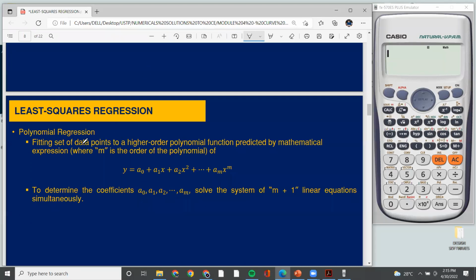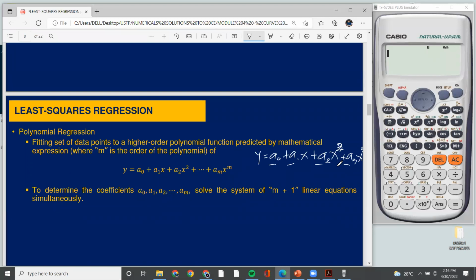This is fitting a set of data points to a higher order polynomial function predicted by a mathematical expression, where m is the order of the polynomial. So this is the equation, and the unknowns increase with the order. It depends on the polynomial regression: if the problem is cubic, plus a sub 2 x squared plus a sub 3 x cubed, how many unknowns? Four. If we have four unknowns, we need four equations.